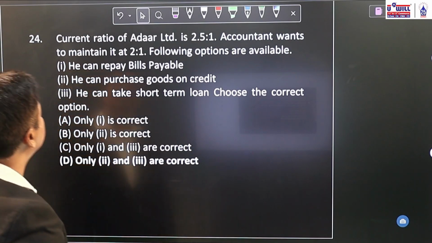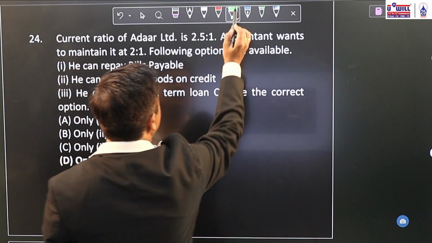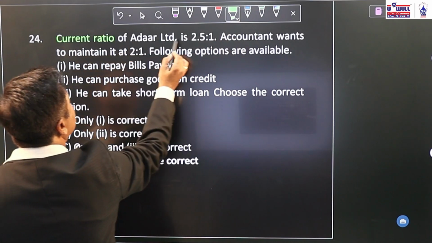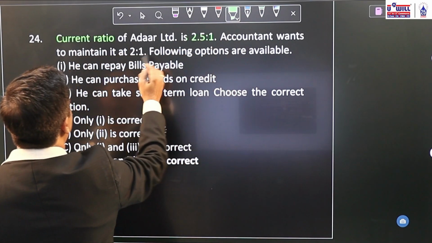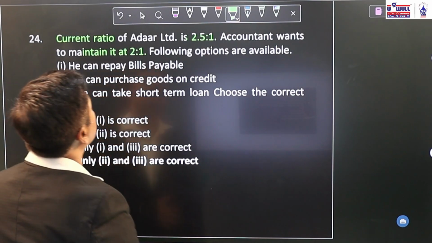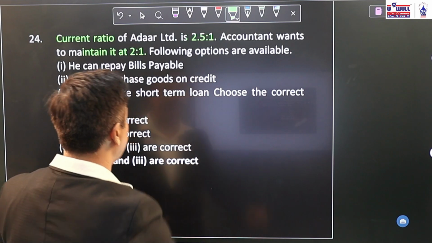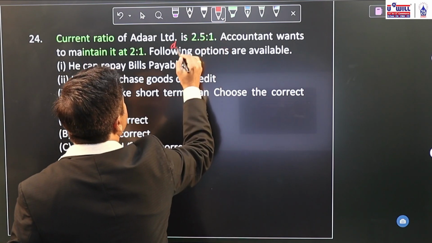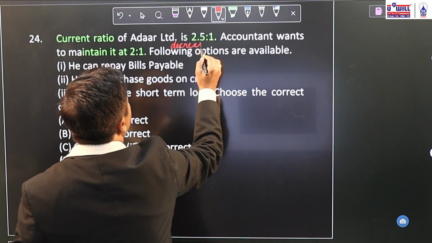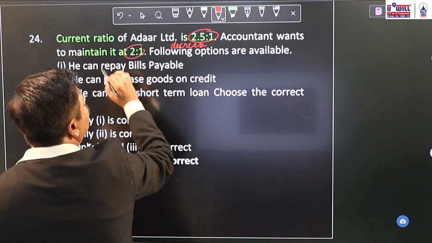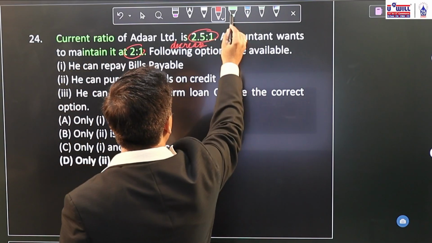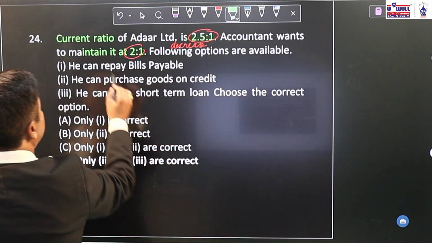Question 24. Current ratio of a company is 2.5:1. The accountant wants to maintain 2:1. Now, it wants to decrease it. Basically it wants to decrease the current ratio from 2.5 to 2. Following options are available. What can be done by him? He can repay the bills payable.